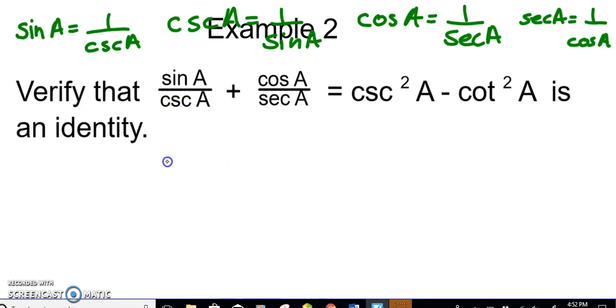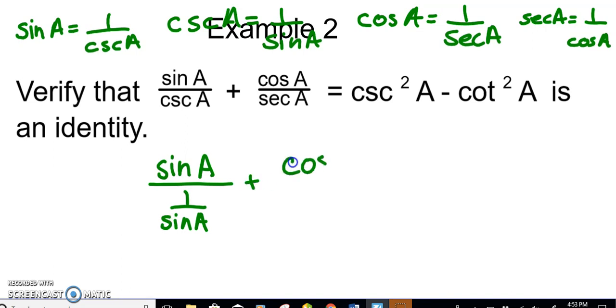Okay, so here, I'm going to keep the sine A on top, and I'm going to change cosecant A to 1 over sine A. And then here we have cosine A. We're going to change secant A to 1 over cosine A. Then we're going to still keep this part over here on this side.